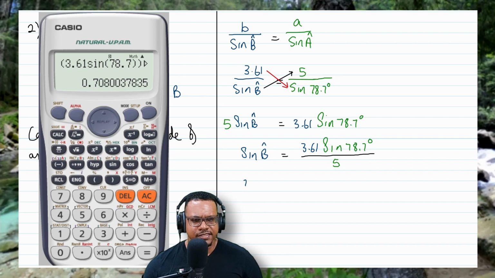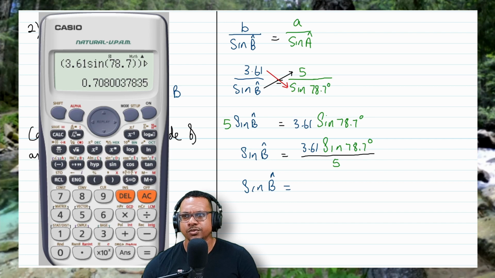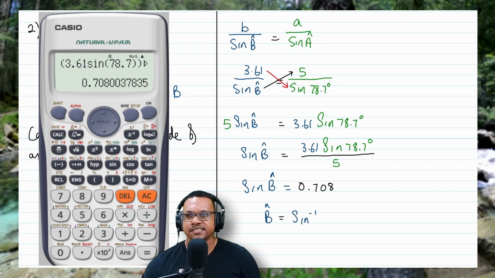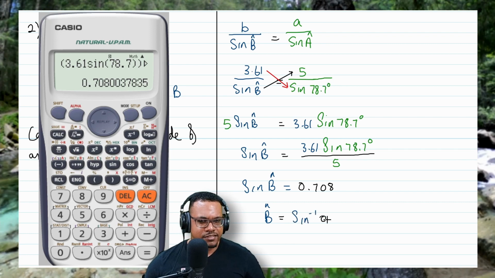So I'll have sine angle B is equal to 0.708. And therefore angle B would be equal to the sine inverse of 0.708.